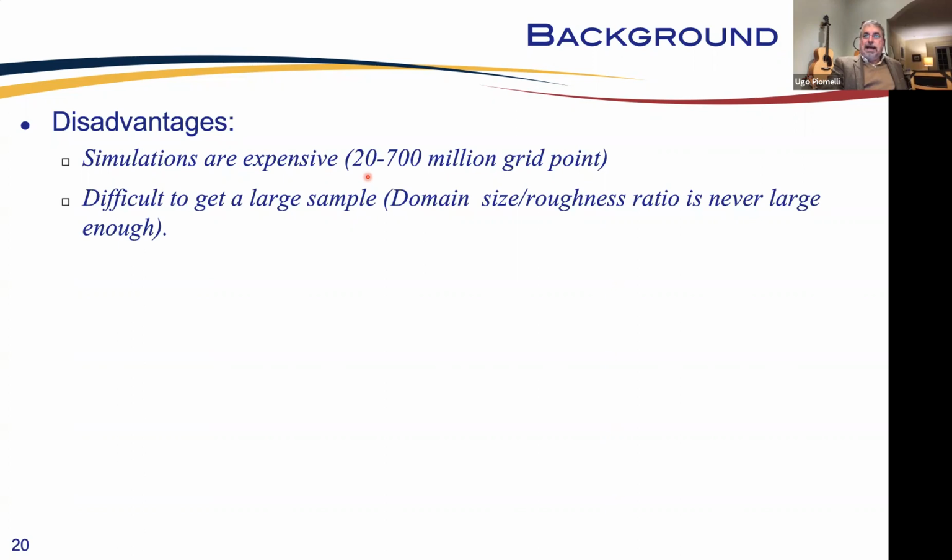So you end up requiring several million grid points to resolve a sheet of sand that's maybe 3 inches by 3 inches. It's difficult to get a large sample. The number of roughness elements in a domain is finite and often not large enough to give you a smooth sample.